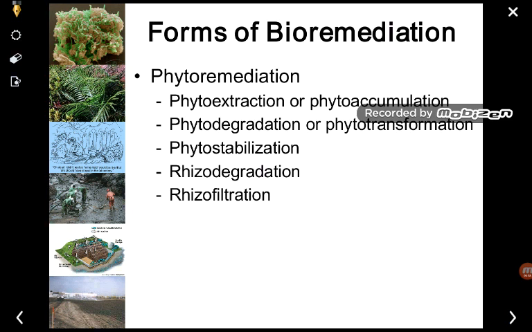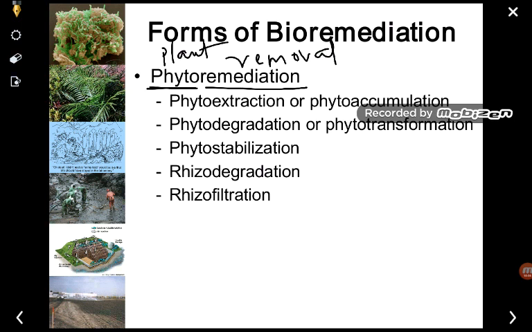Next, forms of bioremediation. One more form you can find is phytoremediation. From the name itself, phyto means plant, where plants are used for the removal of contaminants. Remediation means removal. So what do you mean by phytoremediation?